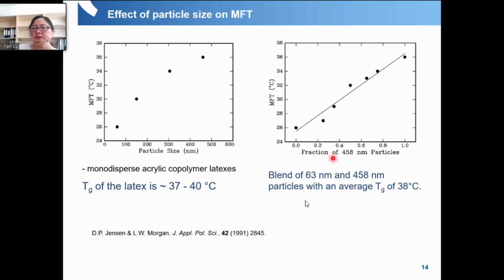With the increase of the portion of the larger particles in the mixture, they could also increase the MFT temperature of the whole system. So as a principle, it's the same: with the increase of particle size, you can increase the MFT temperature of the system.